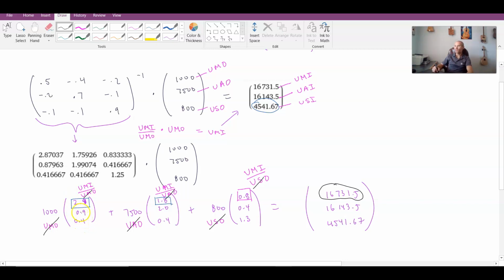So manufacturing changes create a big sensitivity in the system, but then changes by 1 unit to the services, if I change this from 800 to 801, then the required units of input for the 3 different sectors would only change by 0.8, 0.4, and 1.3. And so this helps us see how changes in our final demand will affect our entire system.